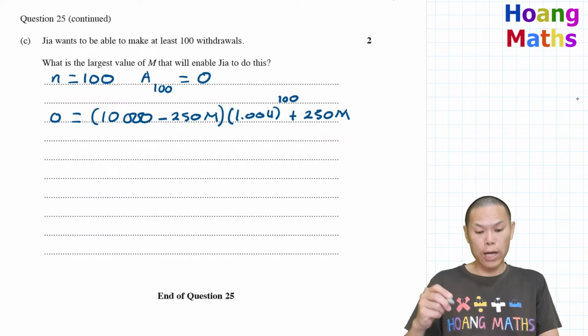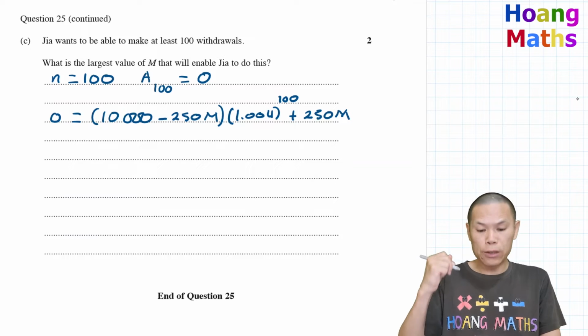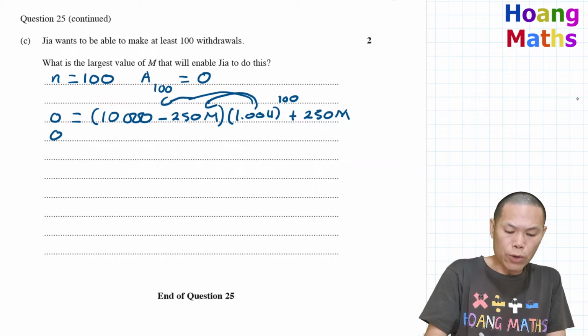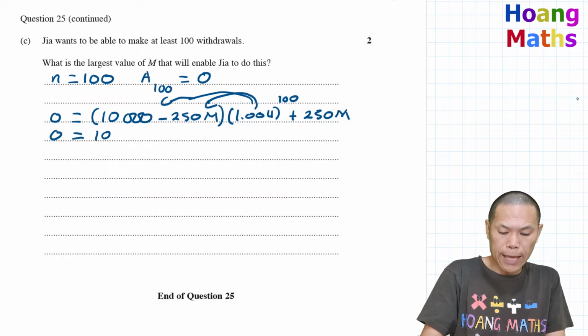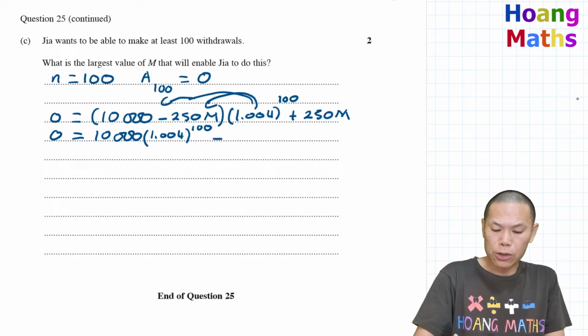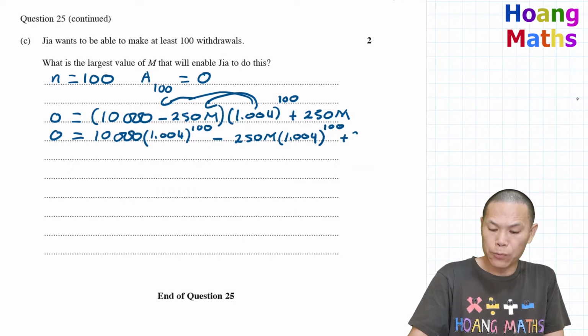So now I just solve for m. First of all, let me remove this bracket. I'm going to go this times that and this times this. So 0 equals 10,000 times 1.004 to the power of 100 minus 250 m times 1.004 to the power of 100, and we add 250 m.